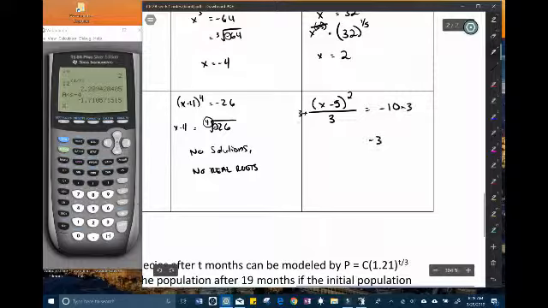So we have negative 30 is equal to x minus 5 squared. Try and take the square root next. Square root of negative 30 is equal to x minus 5. Again, a trap: can't have even and negatives, so there are no real answers or roots.